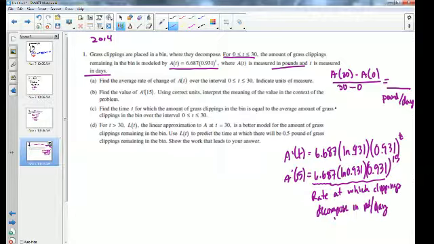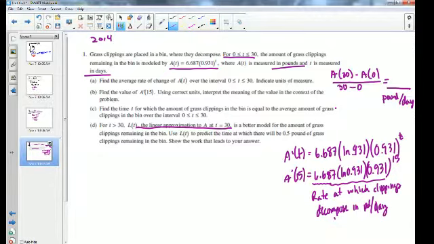C we have not done yet, so we're going to skip it. But part D is the linear approximation. For time greater than 30, L of t, the linear approximation to A at t equals 30, the equation of a tangent line, is a better model for the amount of grass clippings remaining in the bin.